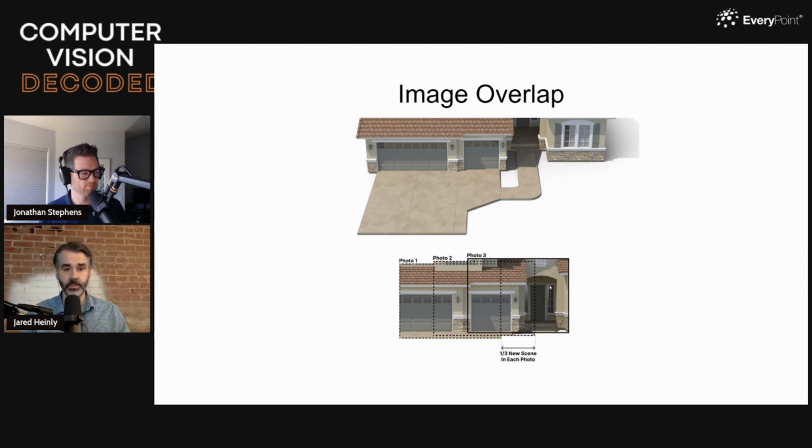reconstruction. They're going to start out with 2 images. They're going to triangulate the surface in the scene, and then that third image is going to get added by figuring out how it matches to that already triangulated surface. In order to do that, there actually has to be overlap with that existing triangulated surface. So that third image needs to have overlap with at least 2 previous ones in order to do that successful triangulation and an extension of the reconstruction.